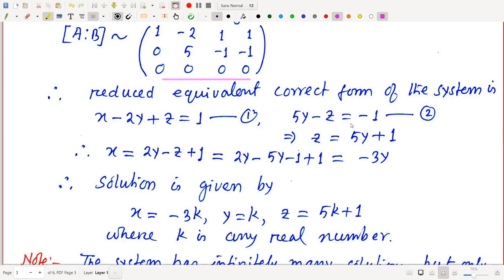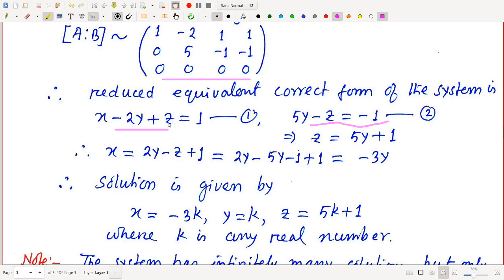Geometrically also we can explain it like that. This is the equation of a plane, this is also the equation of a plane, and 2 planes intersect along a straight line, and on a straight line there are an infinite number of points, that's why there are an infinite number of solutions. So from this, z equal to 5y plus 1.